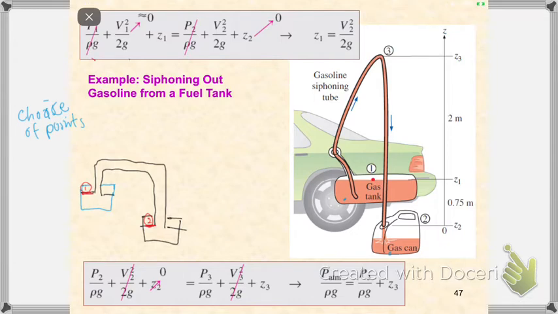Then for any open surface, relatively big in comparison to the diameter of your pipe, the velocity at that open surface is equal to 0 meter per second. Just imagine that in your bathtub or your sink at home, you pour water inside that bathtub.